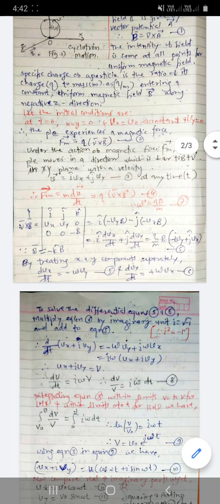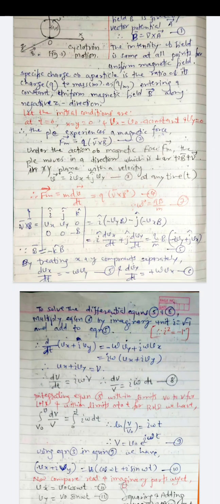Now we have to write the equation of motion. The basic formula for equation of motion is mass into acceleration. In this situation, Fm bar, the magnetic force, is equal to m times dv bar by dt, that is the time derivative of velocity, which is acceleration.